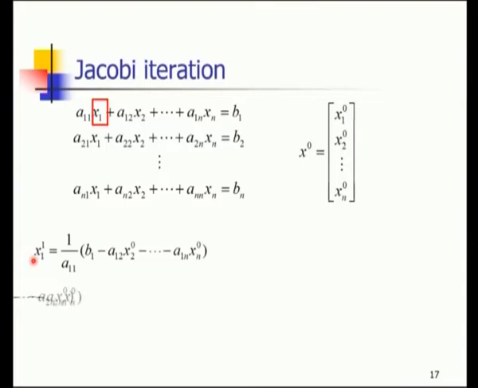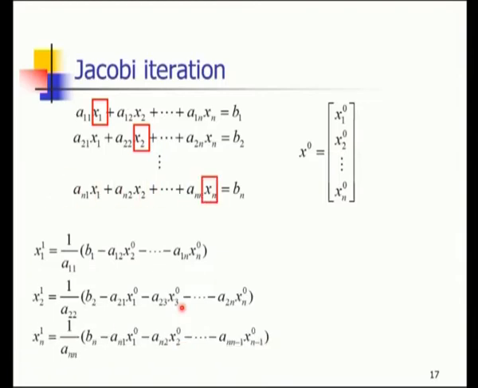Similarly, the second equation is used for computing the numerical solution of the second variable. We keep only that term on the left, and all remaining terms are taken to the right side. Similarly, for the last variable, the nth variable, we keep that variable on the left hand side and take the remaining terms to the other side.